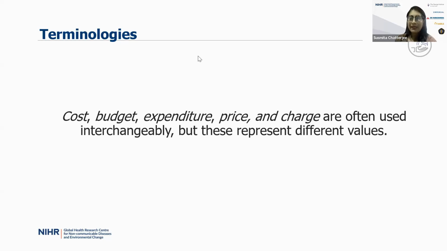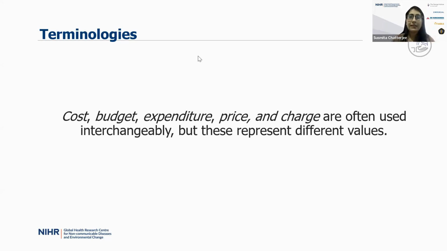Why? Because in a private hospital, this charge is cost plus profit margin. First of all, they do a very rough estimation of the cost, of course not the way the economists do. They do a rough calculation of, I need this plate, I need this, but they generally ignore the time cost because they say, oh, I am paying for this.